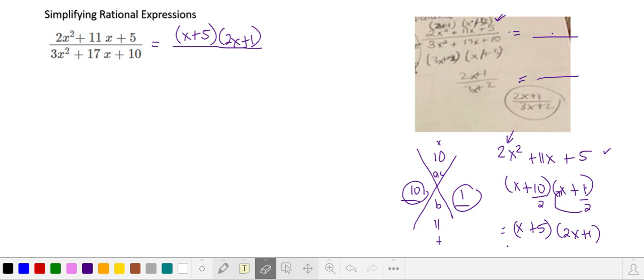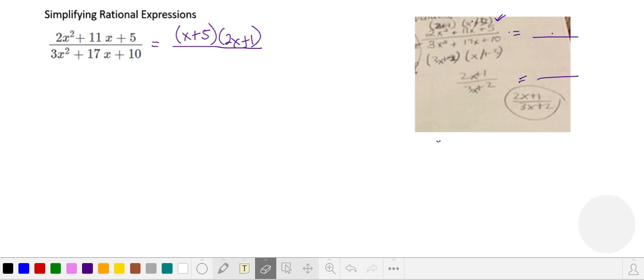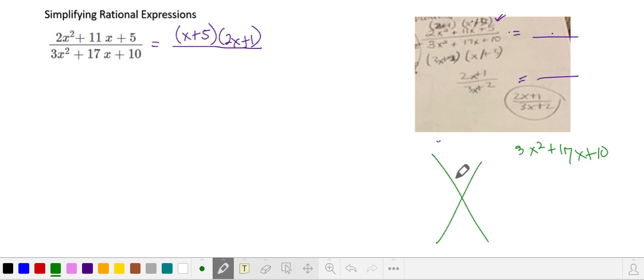My pen is not working for some reason. I'm going to erase this so I have some workspace. For the denominator, you have 3x squared plus 17x plus 10. So AC is 30, and the middle number is 17. Two numbers that multiply to 30 and add to 17 are 15 and 2.